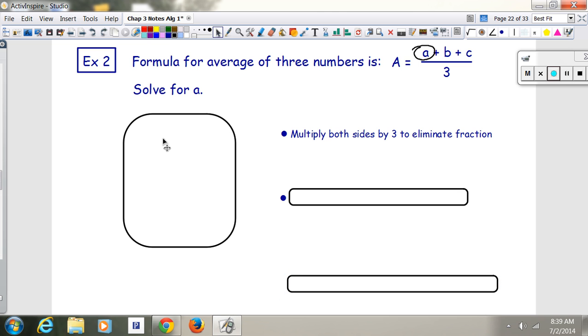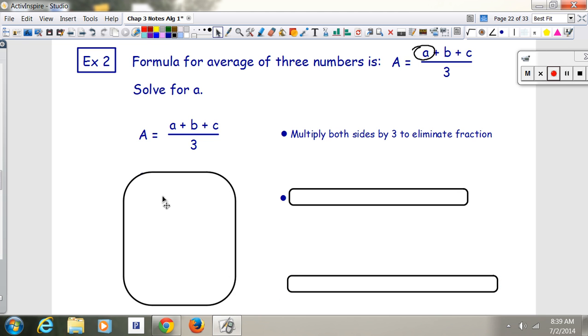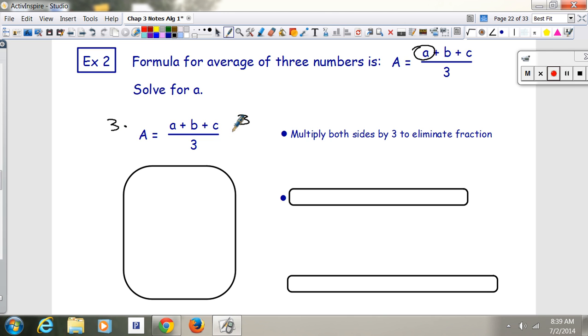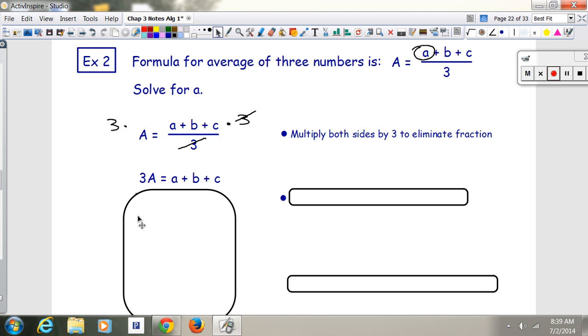Multiply both sides by 3 to eliminate the fraction. Okay, so let's do that. Let's multiply both sides by 3. What that's going to do is cancel those 3's. So on the left side, I've got 3 times the capital A, and on the right side, I just have the a, b, and c. What letter am I looking to get by itself?